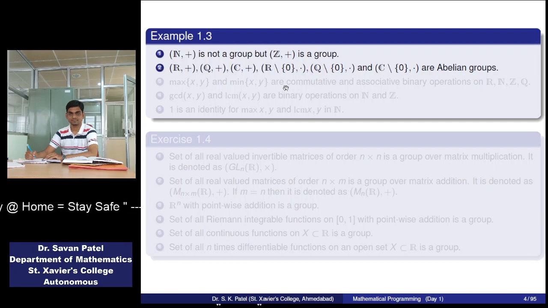Here in these three, the identity element is the real number 0. And in these three groups, the identity element is 1. Here, inverse of x is minus x. And in these three groups, inverse of x is 1 upon x.